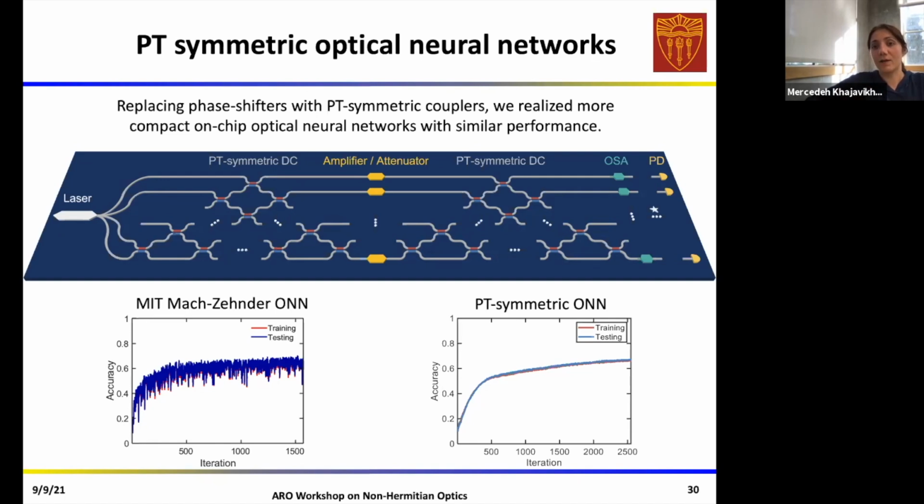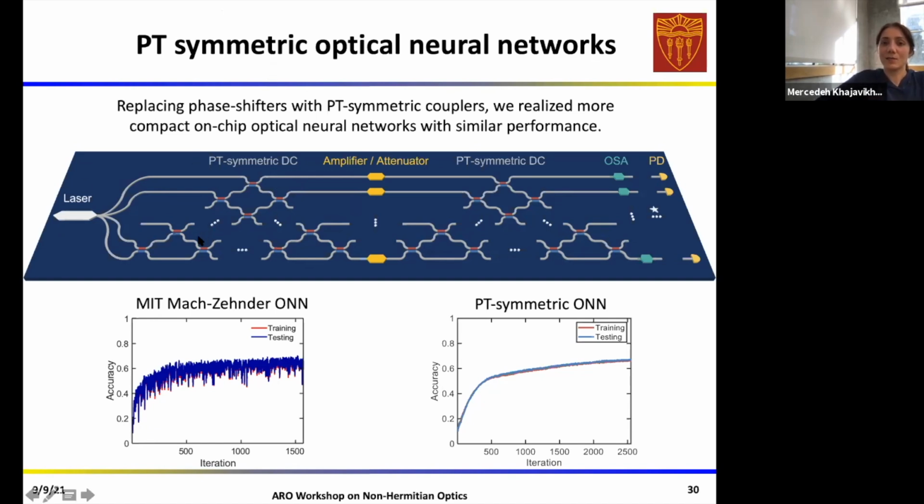Two of them are unitary matrices, and the middle one is a diagonal matrix that is non-unitary in general. In optics, we have a very nice way of implementing unitary matrices, because we can use Mach-Zehnder arrangements, or couplers, in order to implement them.